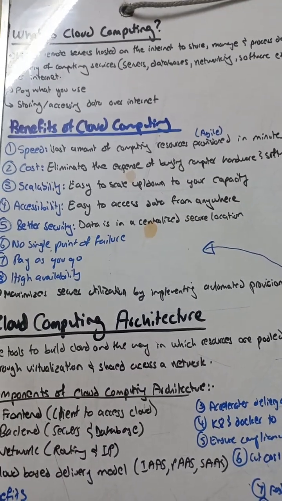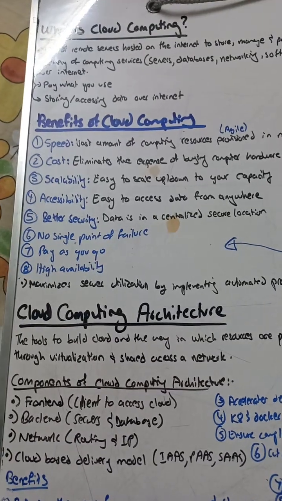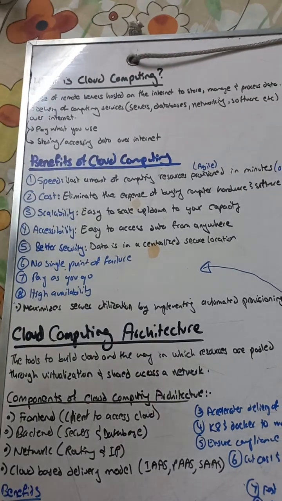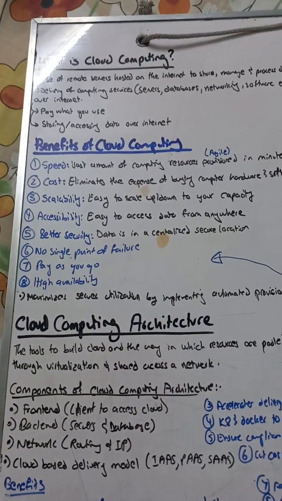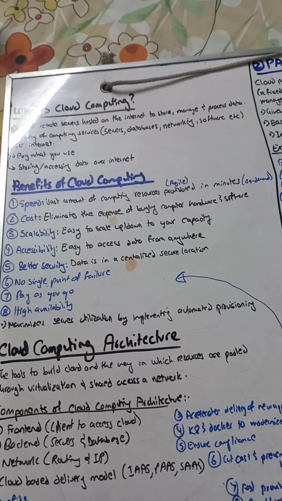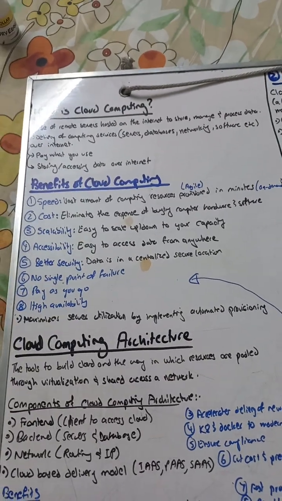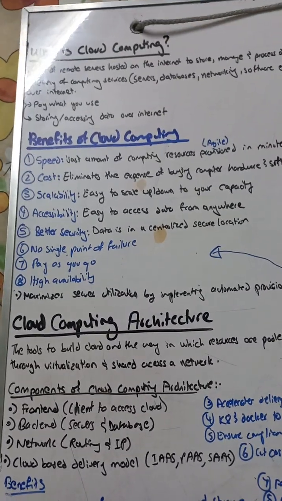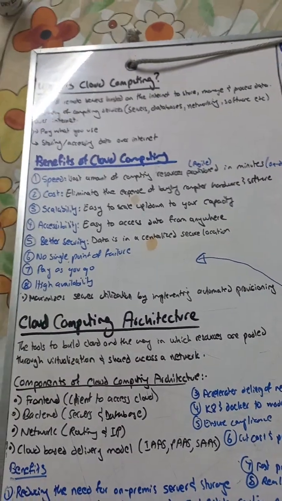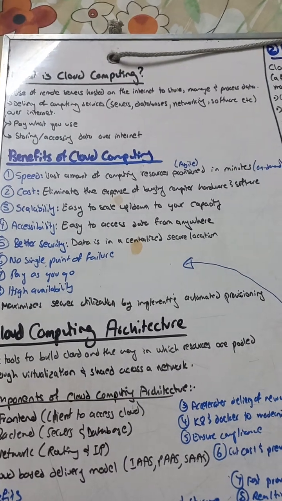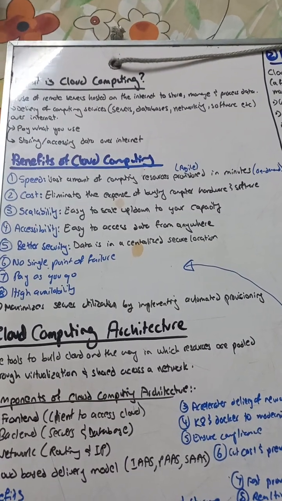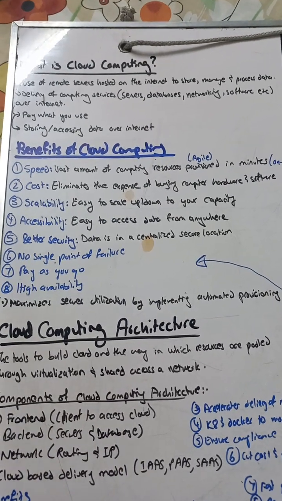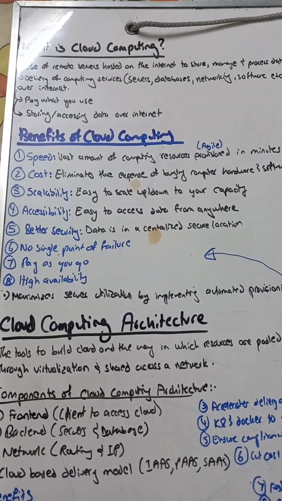So you are basically saving a lot of cost because you don't actually have to buy physical hardware and manage that physical hardware, but instead the cloud providers are giving you an easy user interface to interact with your hardware. So your costs are being saved, and also you can scale up and scale down with your requirements and with your needs.